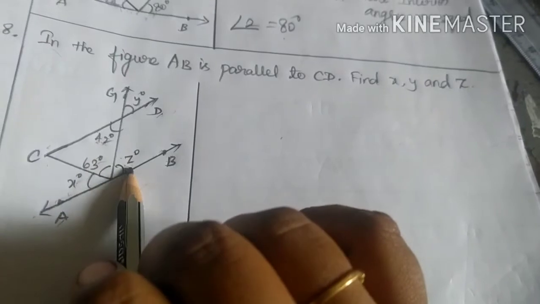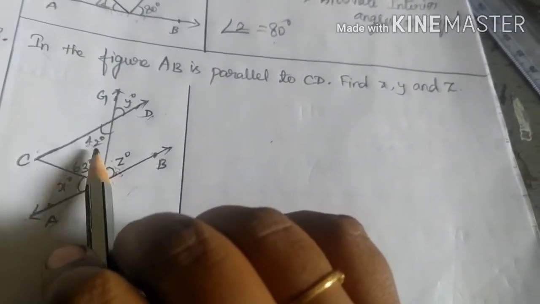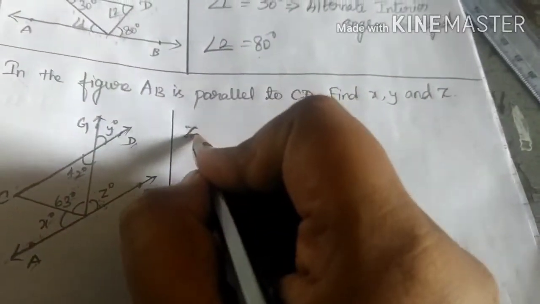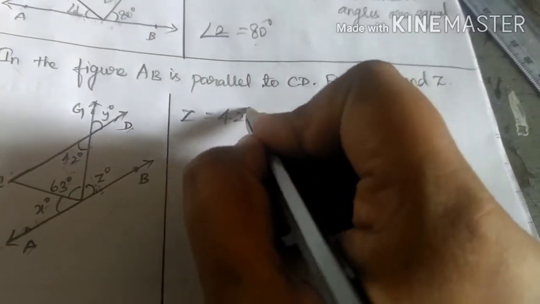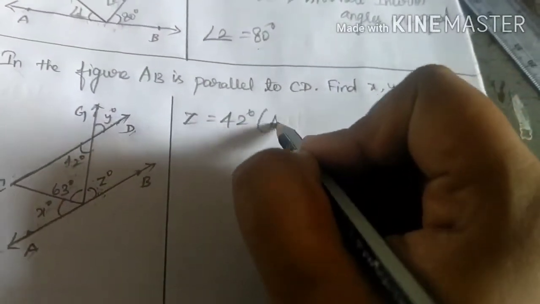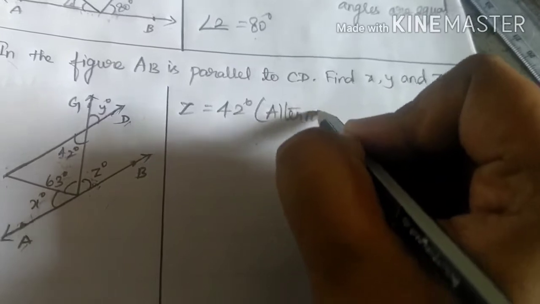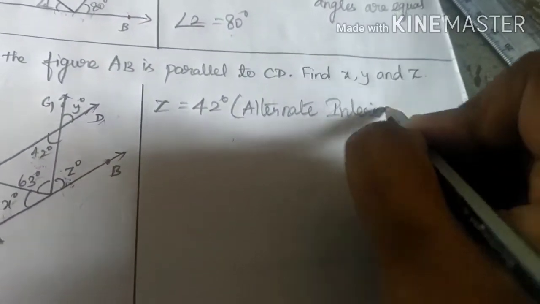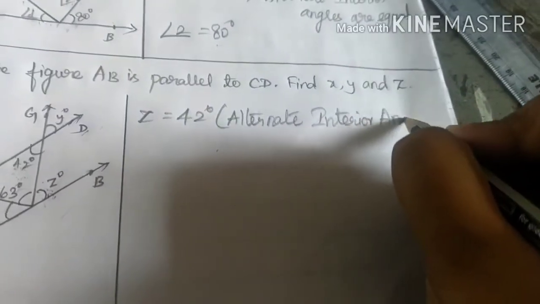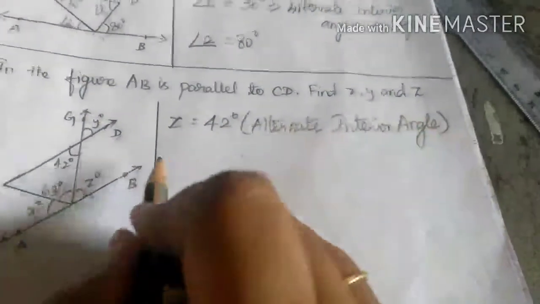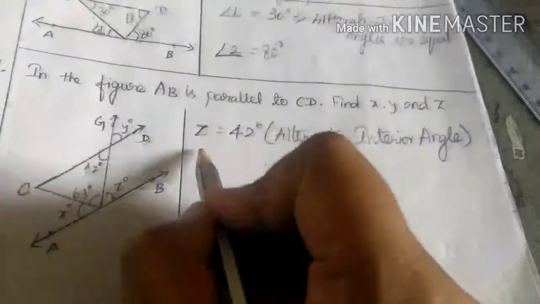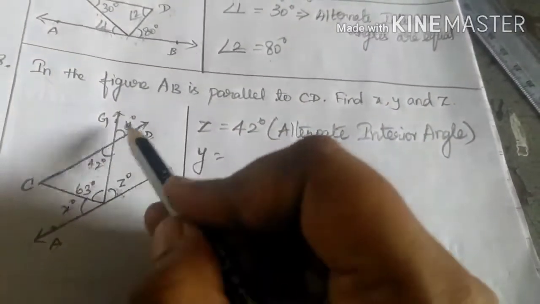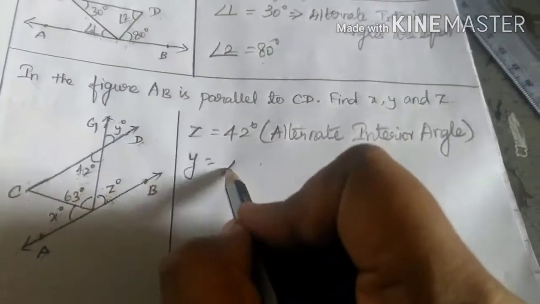அப்போ alternate Z ஓட alternate interiorல we have the 42 degree. So Z equal to 42 degree because it is a alternate interior angle. It is alternate interior angle. So next y equal to 42 degree.